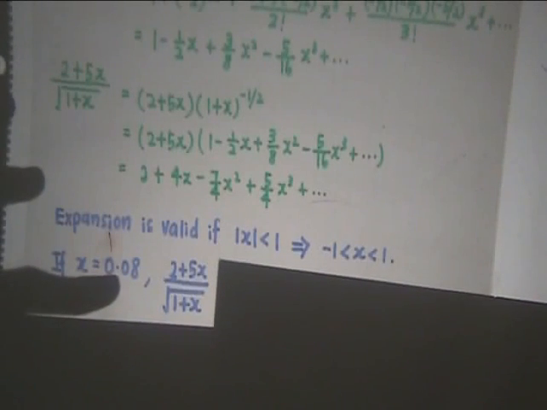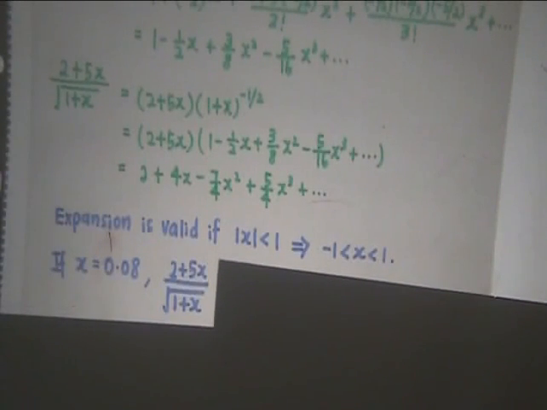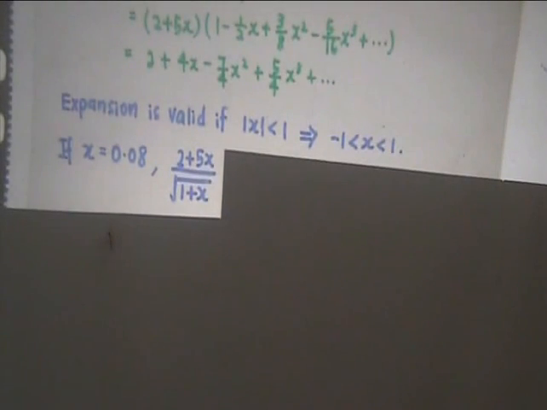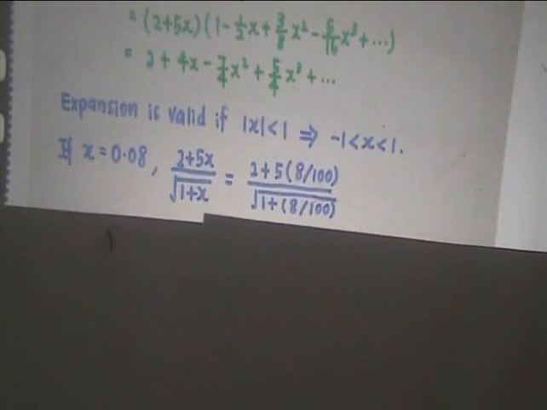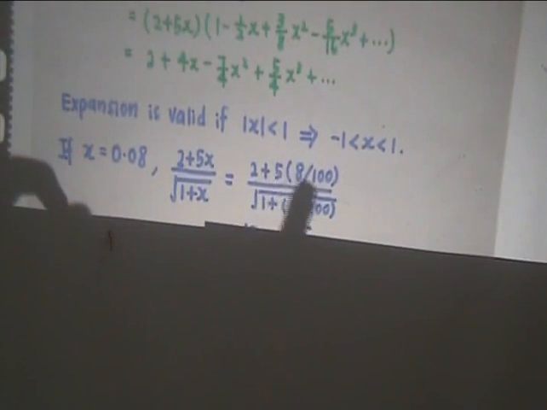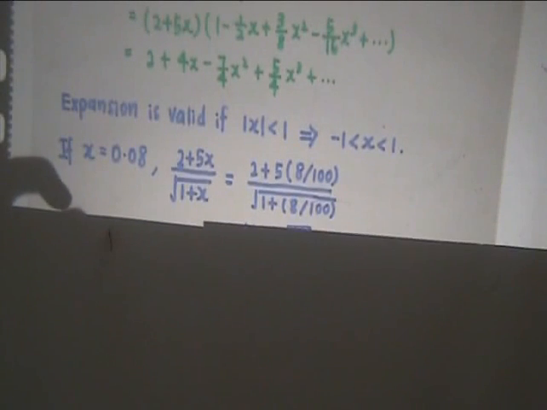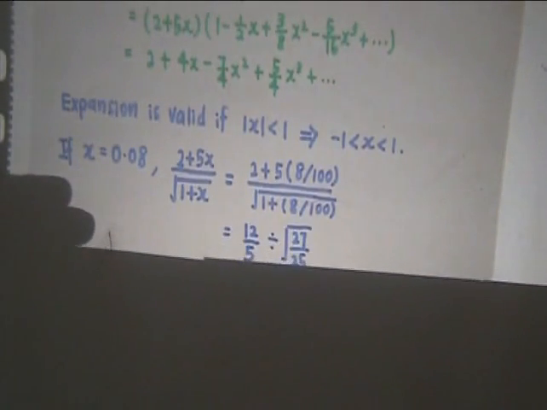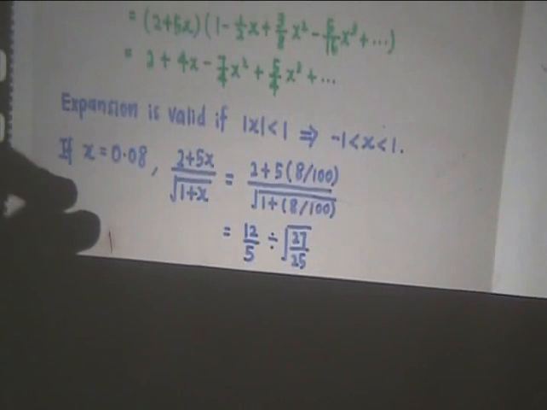So 0.08 can also be written as 8 over 100. So I will have 2 plus 5 times 8 over 100, divided by square root of (1 plus 8 over 100). Simplifying, I will have 12 over 5 divided by square root of 27 over 25.